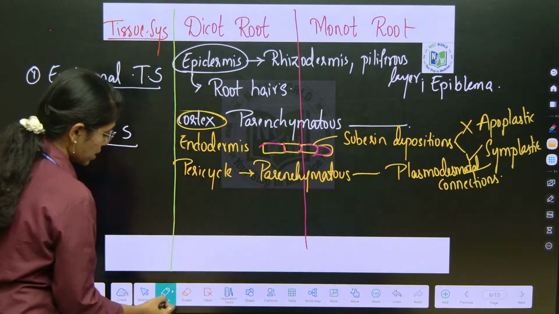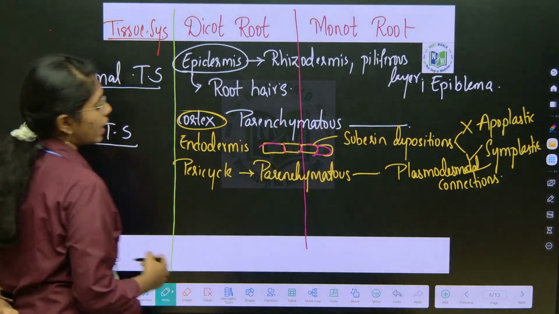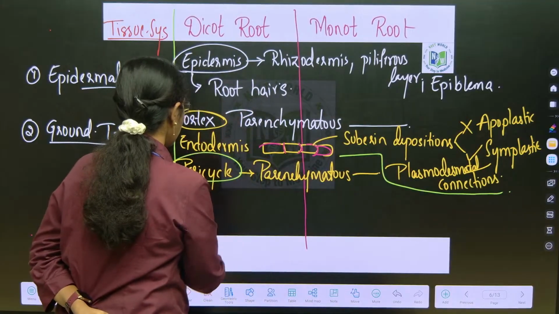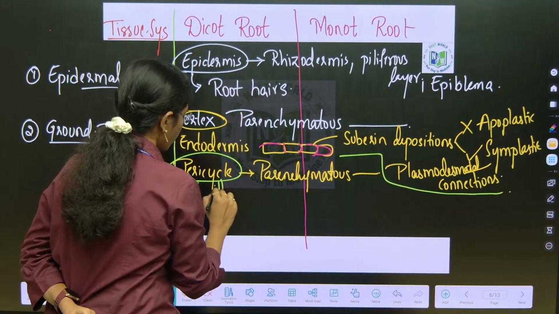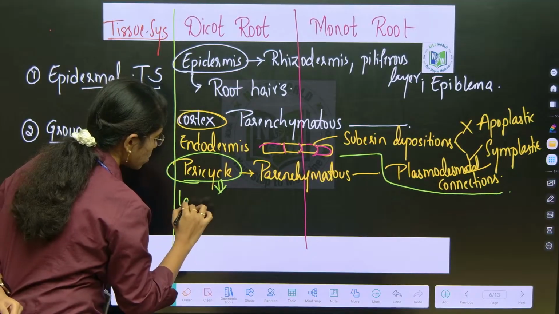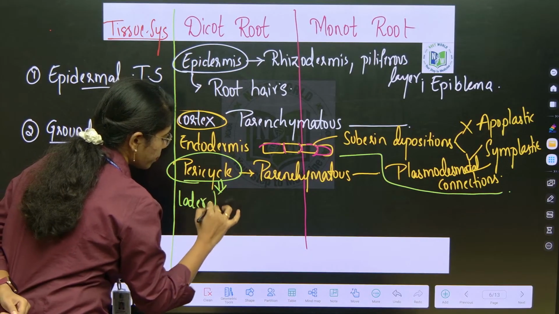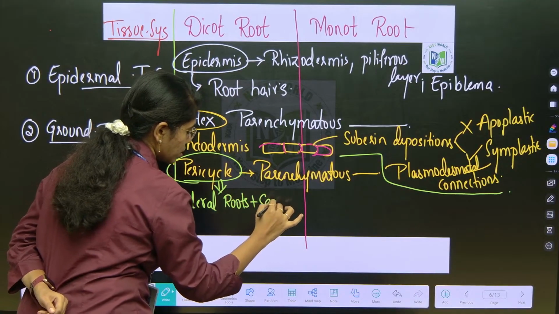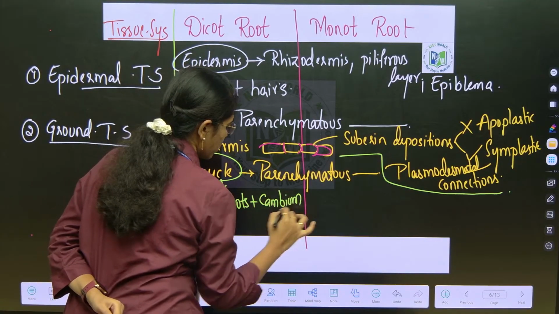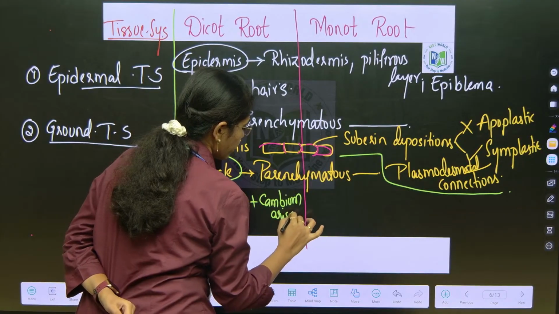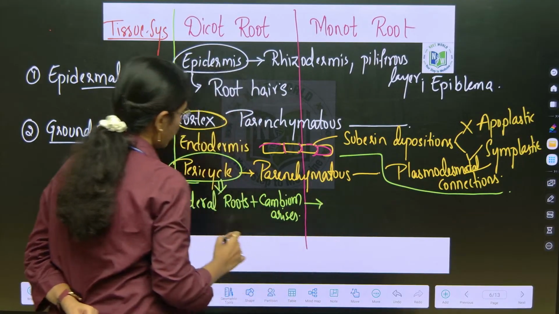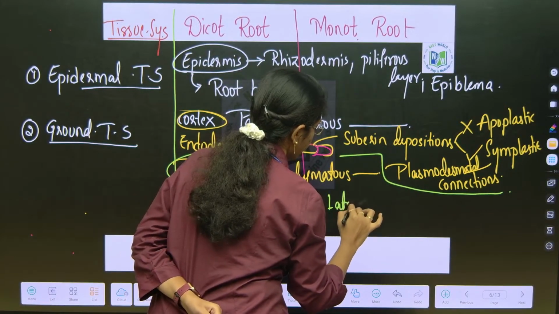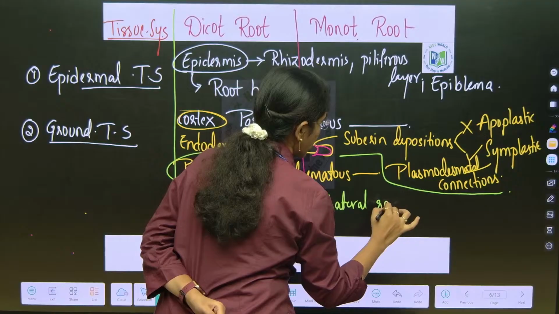There is one differentiation: from pericycle in dicot root, both lateral roots and cambium arise. Here only lateral roots arise in the monocot root.